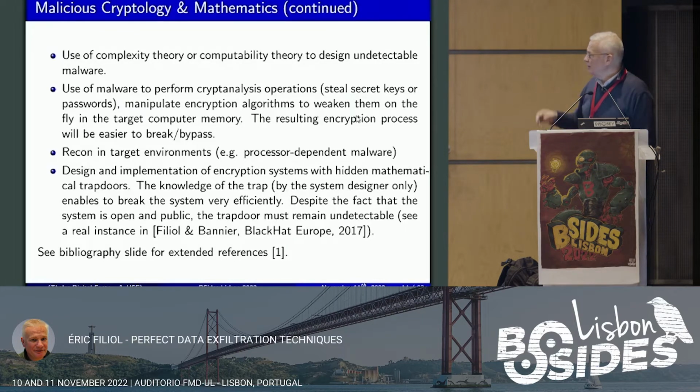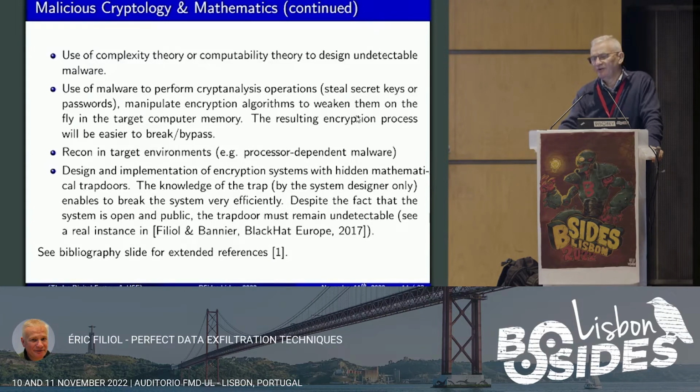And ultimately, it is possible to use mathematics in order to build block ciphers with trapdoors, encryption ciphers with trapdoors. In 2019, I presented an algorithm with trapdoors. If you want, you can go to our talk at Black Hat Europe.